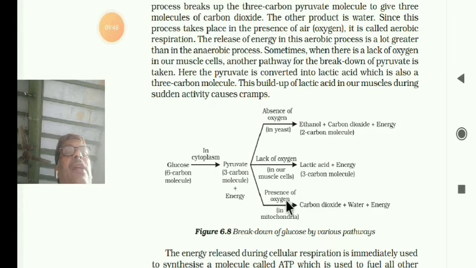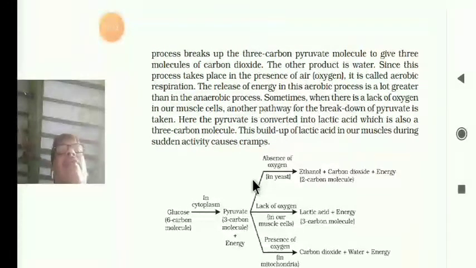So in this way there are three processes of breaking down glucose in various ways. First, six carbon molecule, then three, converted in the presence of oxygen. Second one in the lack of oxygen, and third one in the absence of oxygen. If you know this diagram very well, I think the remaining explanation will be easy for us.